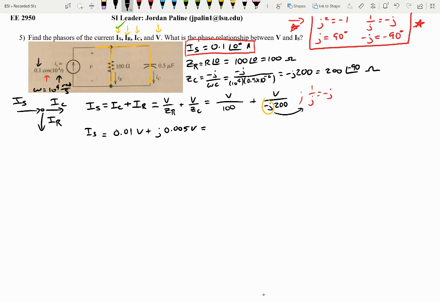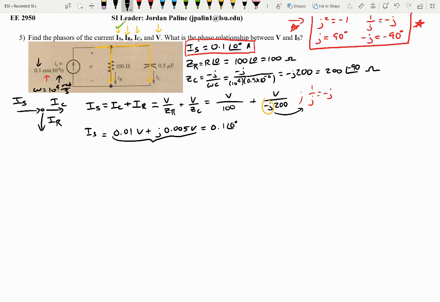Let's relate these to the phasor. Since this is equal to I of S, this is that 0.1 at angle 0. Let's turn this bit into phasor.